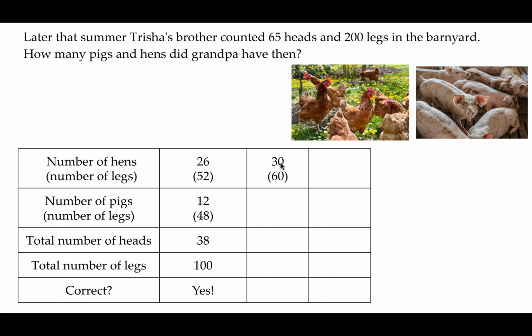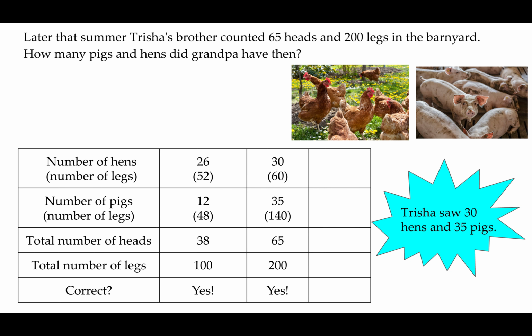And 65 minus 30 is 35. If I multiply 35 by 4, it'll give me the number of legs, which is 140. So the total number of heads is 30 plus 35, which is 65. That checks out. And 60 plus 140 is 200. I got it correct on my first guess. Sometimes I get lucky. So Tricia saw 30 hens and 35 pigs.